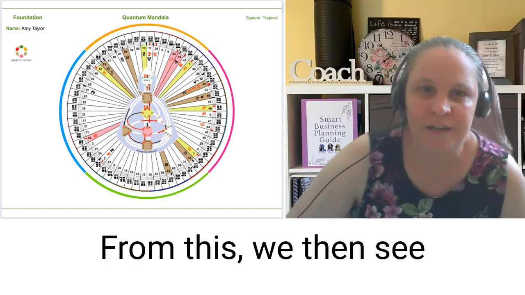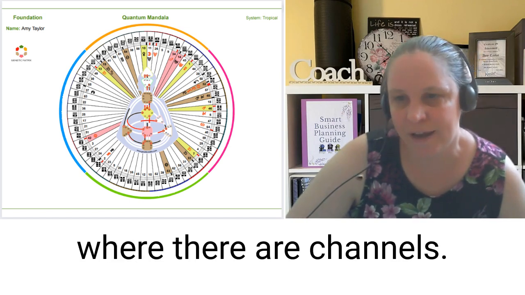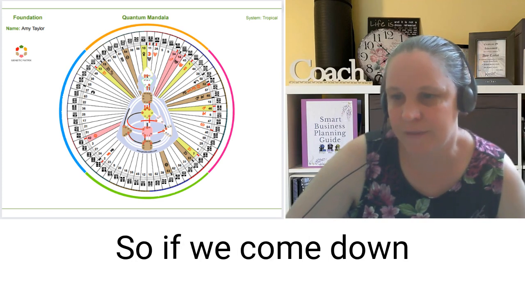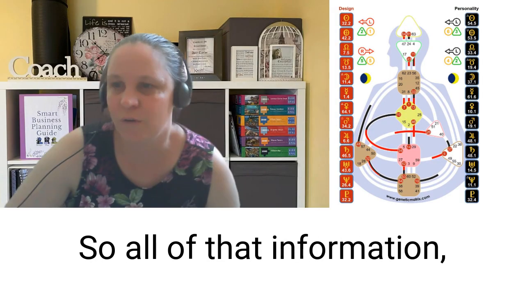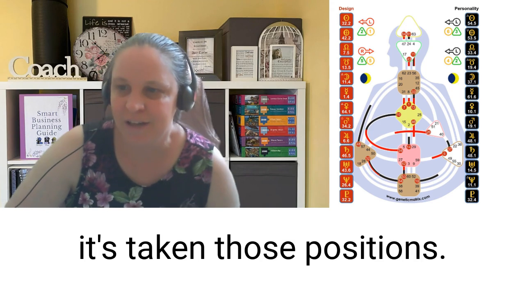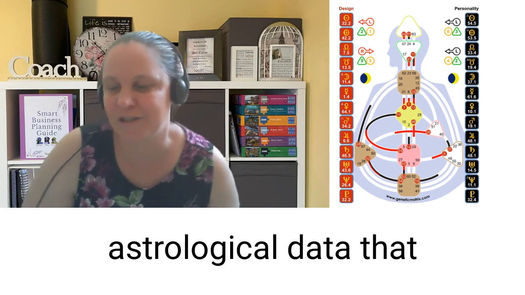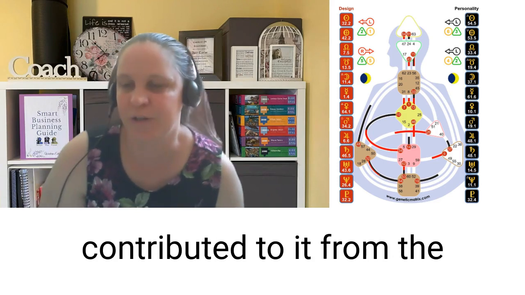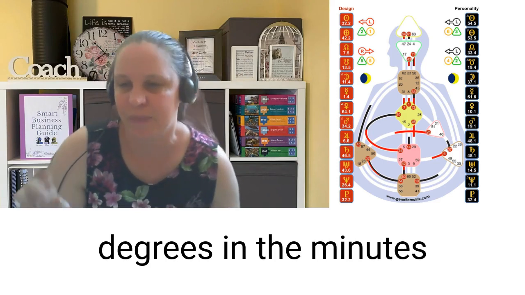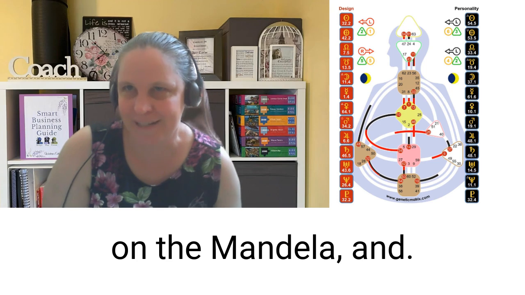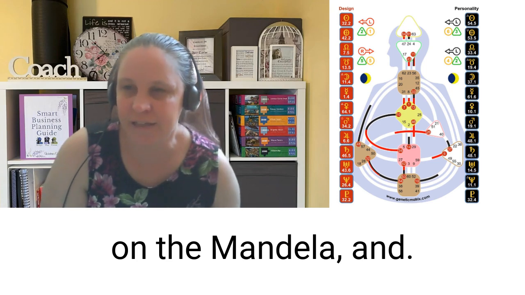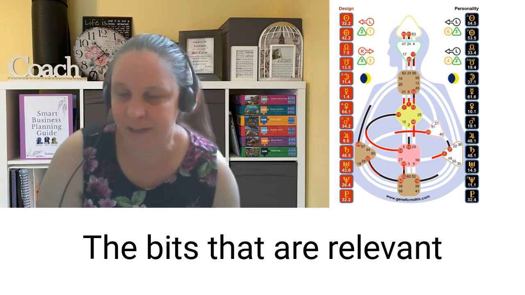From this, we then see where there are channels. So if we come down to my body graph, we can start to see. All of that information has taken those positions, and behind that is the astrological data that contributed to it, from the degrees and the minutes on the mandala, and the bits that are relevant are on the body graph.